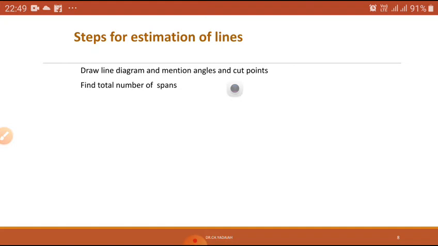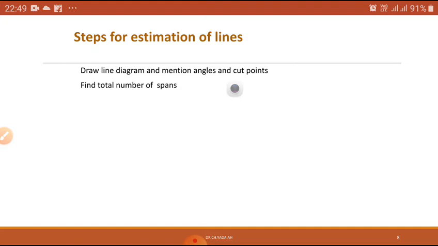One is flat, another is V shape. When we use V shape, then automatically another phase should be at the center, that is on top. So top brackets are required in case of 33 kV or 11 kV line estimations. Today we are going to do the LT, so no need of top brackets.